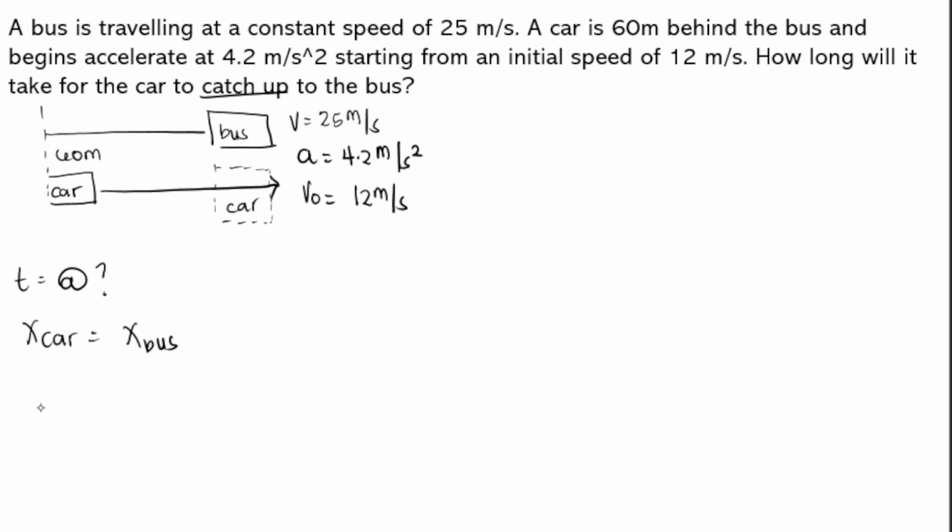So, let's start with the position ng bus. Okay? So, sabi natin, si boss daw ay nagta-travel with constant speed. So, meaning, constant yung speed niya, pwede natin gamitin yung equation na D is equals to VT.